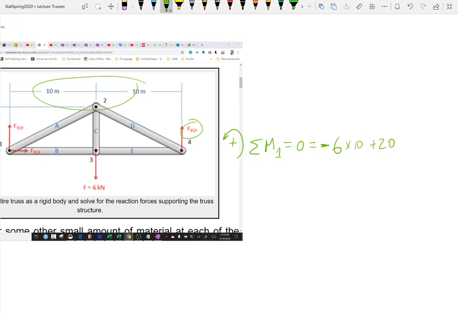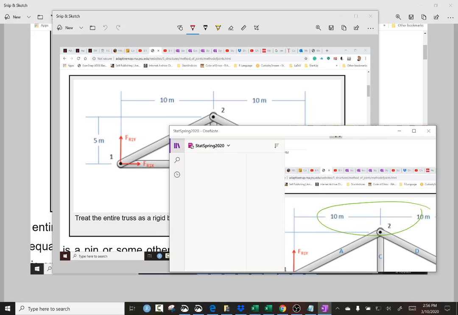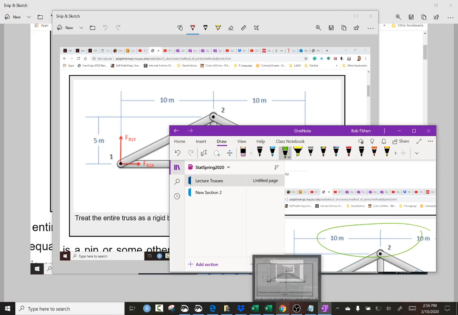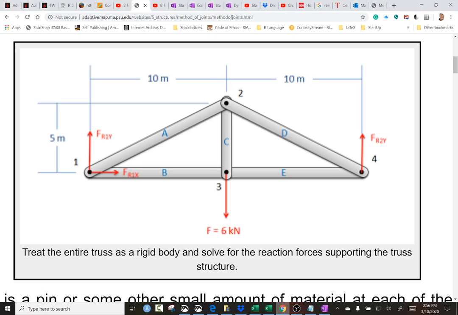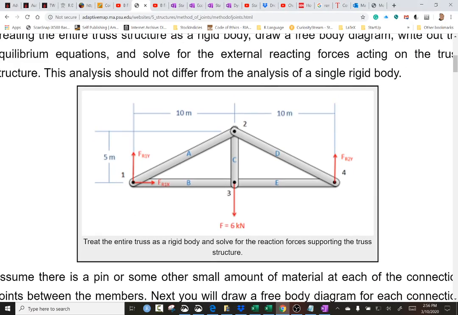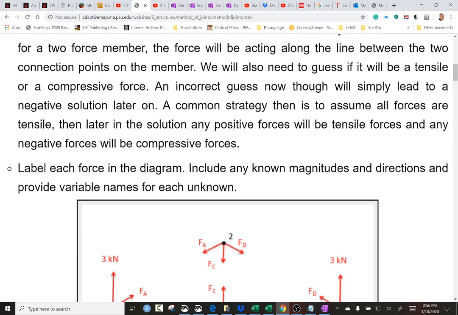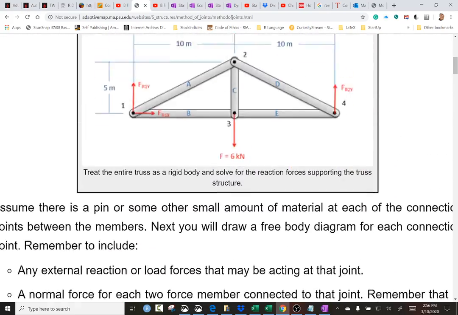And he's labeled it F, R, I think that's Z. I can't read it very well here. I think it was a problem with my clip. Let me go back to the website and see. Okay.